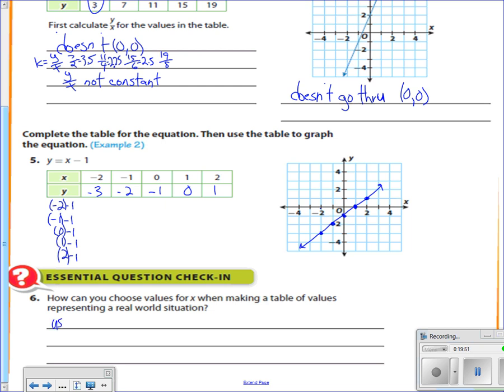So you're not going to use, if it has something to do with elevation of a mountain, small numbers and have it measured in inches. You're going to do feet, and you're going to do large numbers.